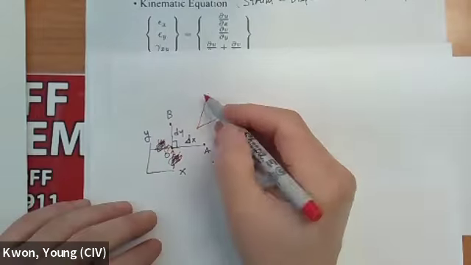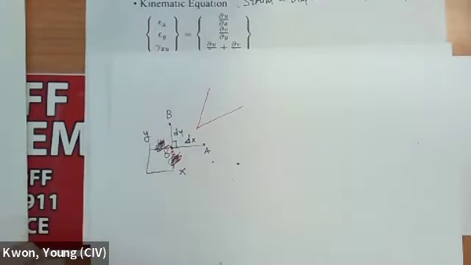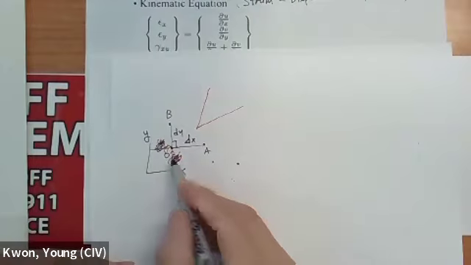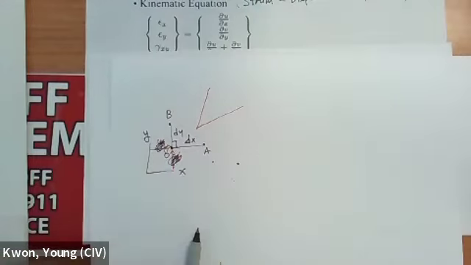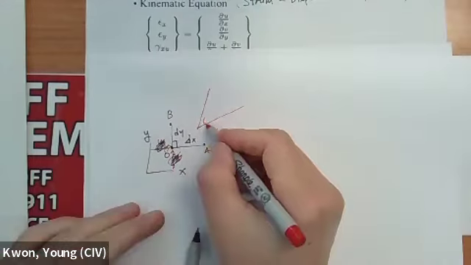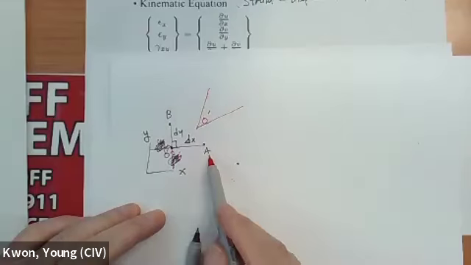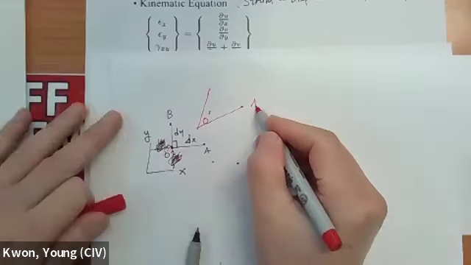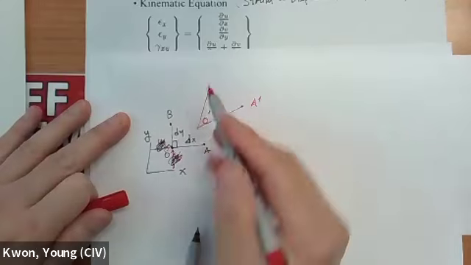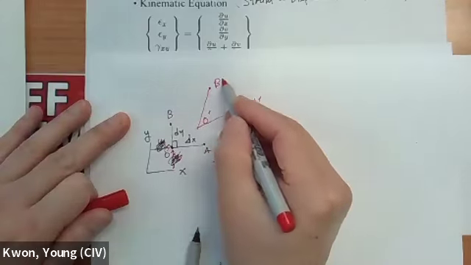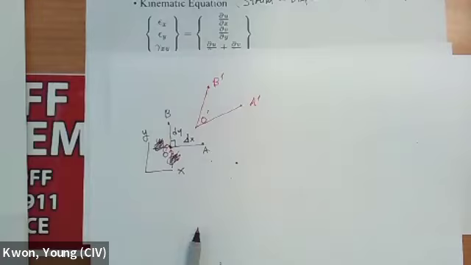Everything is exaggerated. So this point O becomes O prime, A becomes A prime, and B becomes B prime. So there is some kind of change of motion because of that applied load.